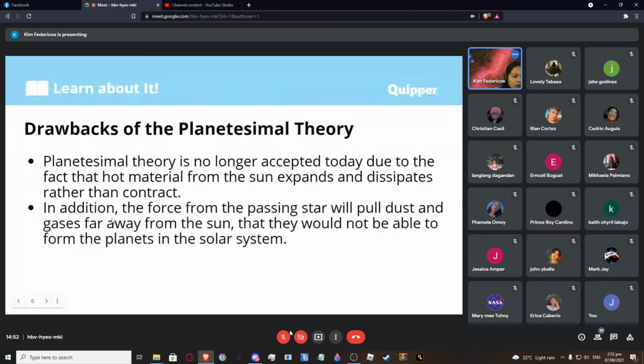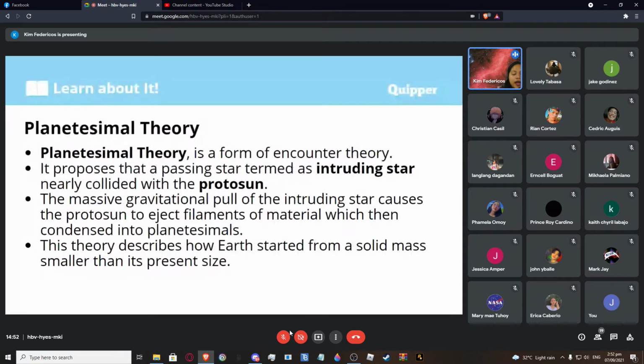Okay. So according to the planetesimal theory, the Earth started from a solid mass smaller than the present size. So basically, it was not a molten mass, but a solid mass. And this theory says that our oceans as well as the atmosphere on Earth were created through volcanic activities.